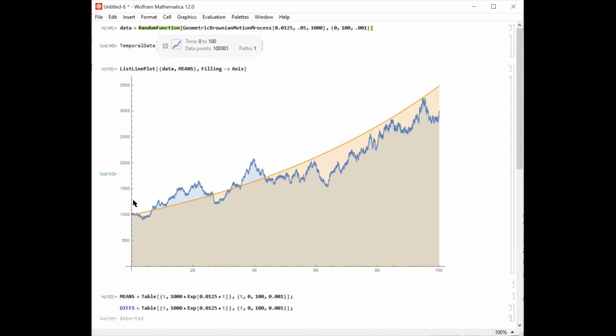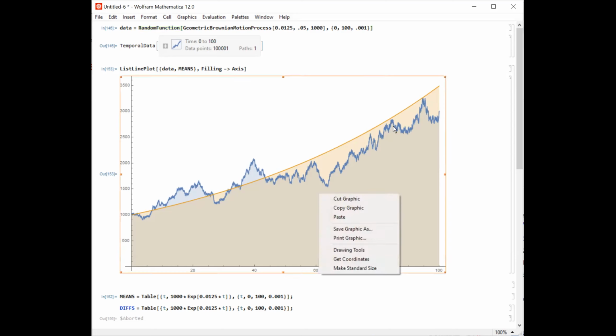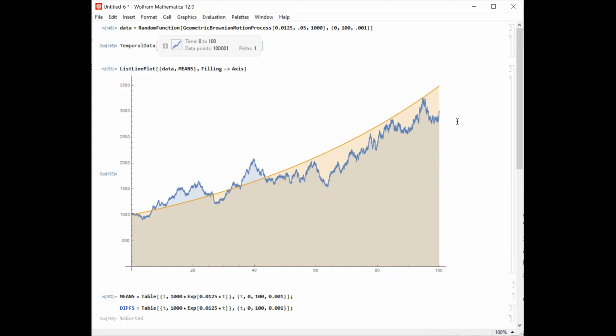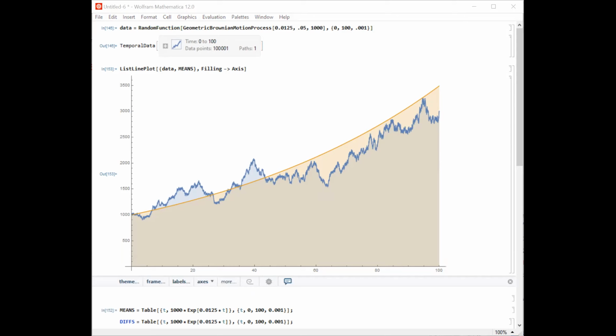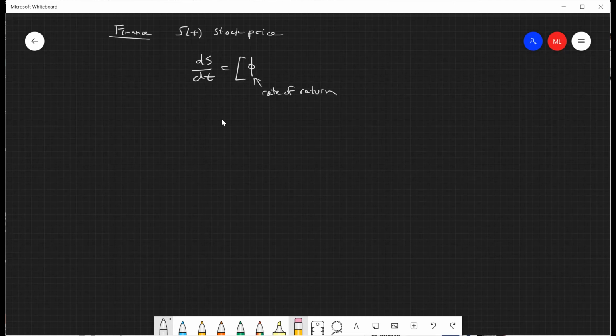And so overall, you might have some kind of exponential rise in the price, but there's a whole lot of noise around it. It's geometric noise in the sense that it's multiplicative in the equation of motion. So you have your overall rate of return, and then you have some noise with some magnitude sigma.